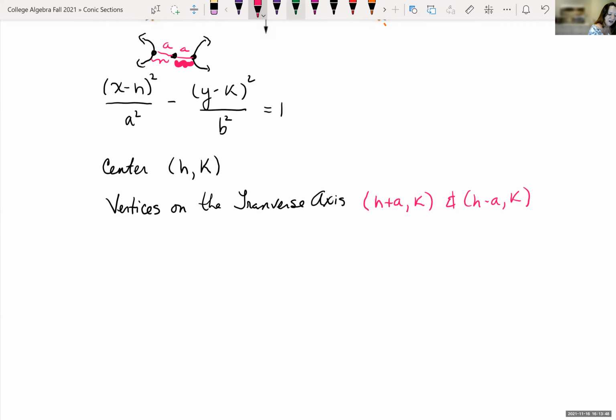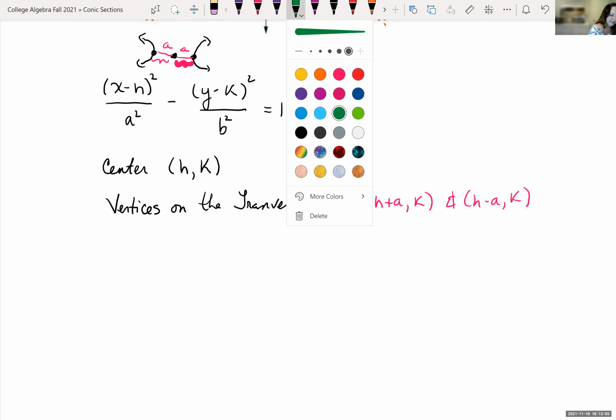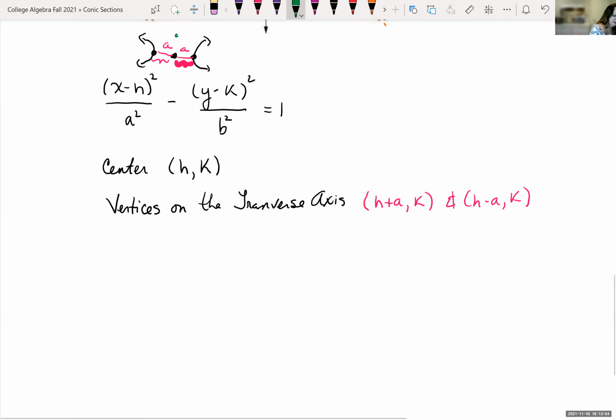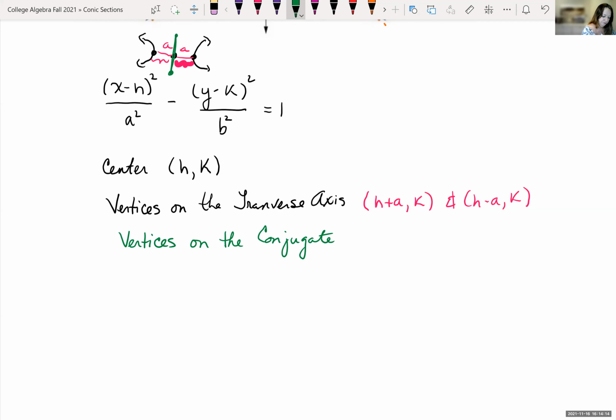The vertices on the conjugate axis, so these points up in here, our x value is staying the same, but it's our y value that is changing.